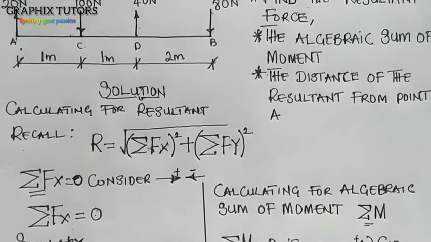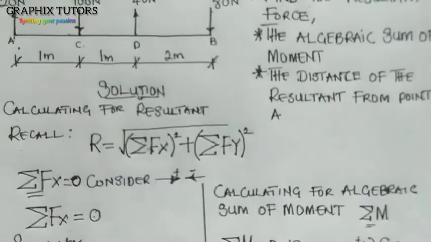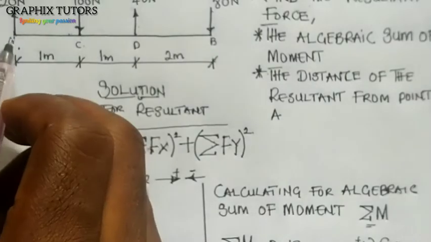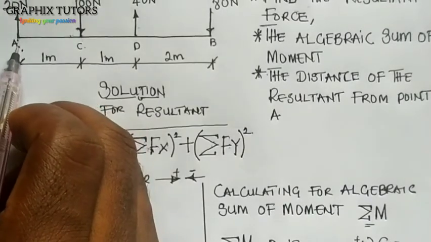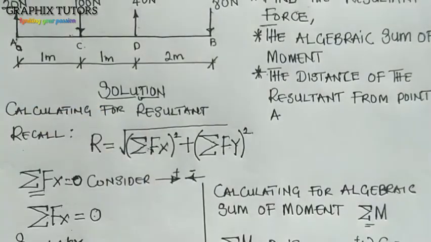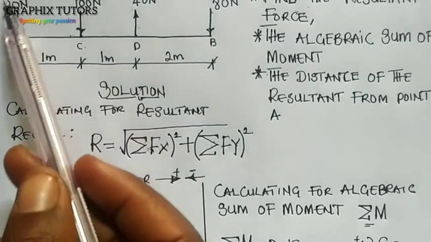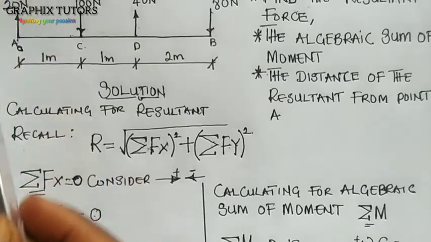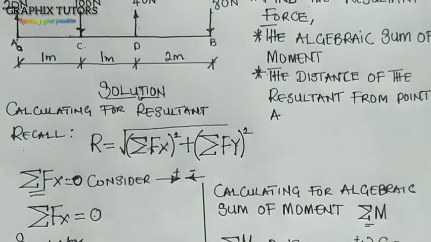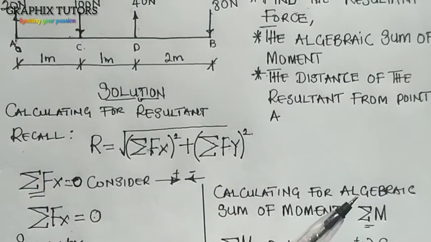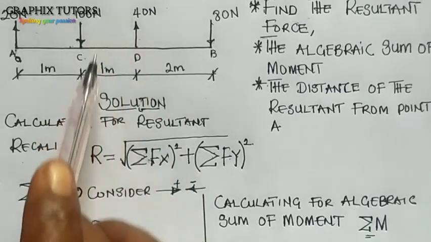So if I say moment at point A, we know moment is force times distance. Since I'm starting from point A, the distance at A is 0. Right? So if you multiply by the distance, anything pertaining to A is 0. I don't have any business with A. So we'll start from the next point. Look at this force here. It's facing downward.